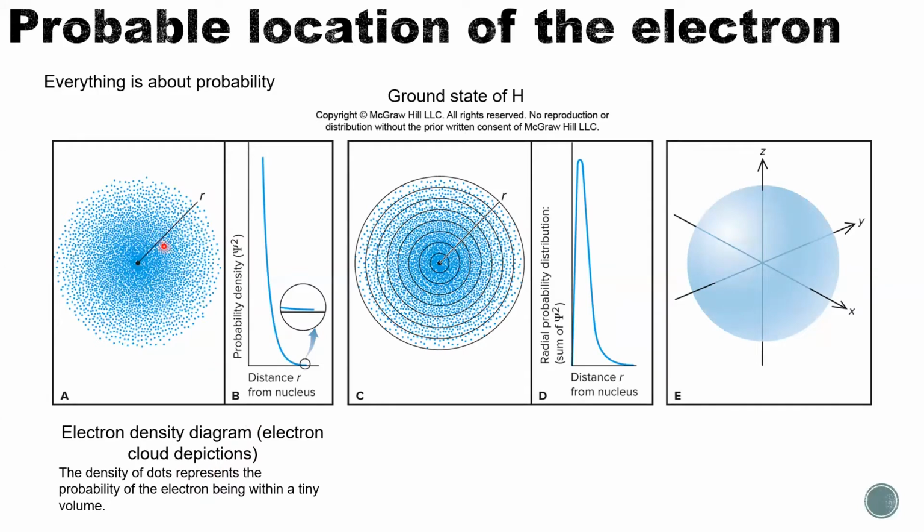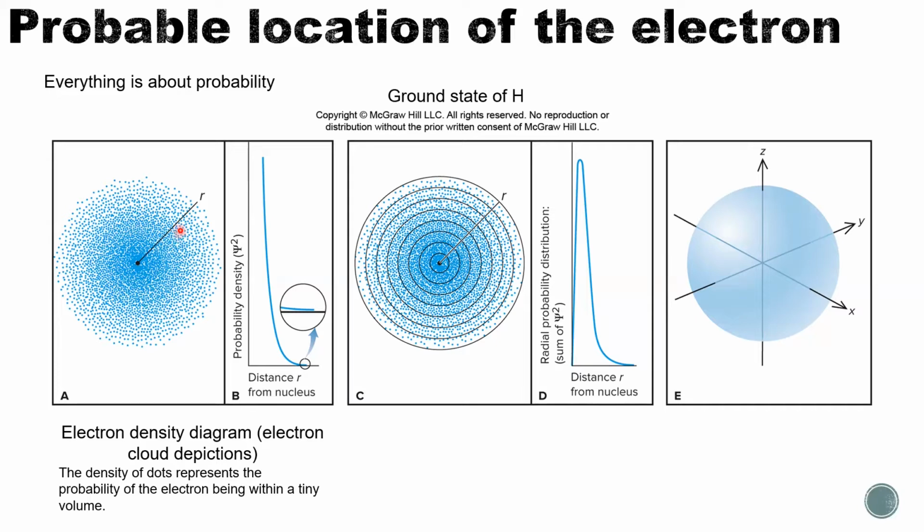Each dot, or the density of these dots, represents the probability of the electron being within a certain volume. If there is a higher density of dots near the nucleus, that means there is a higher probability for the electron to be found near the nuclear area.